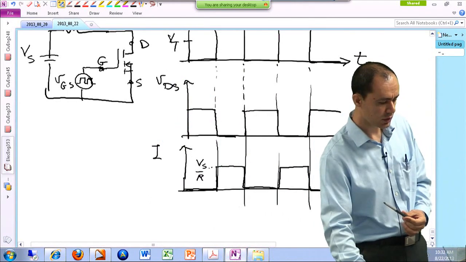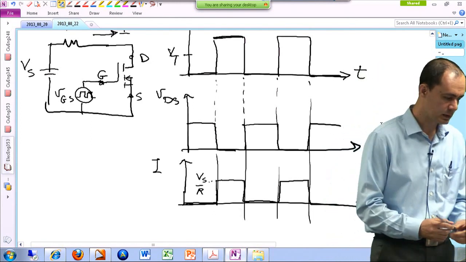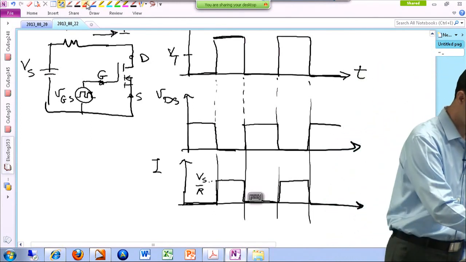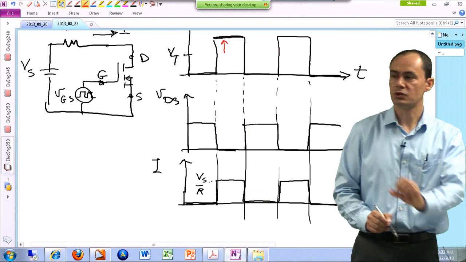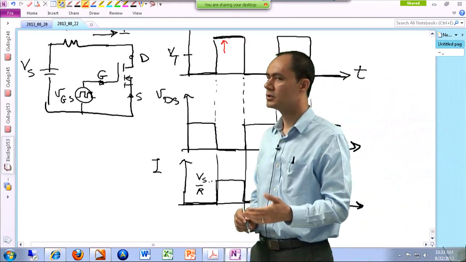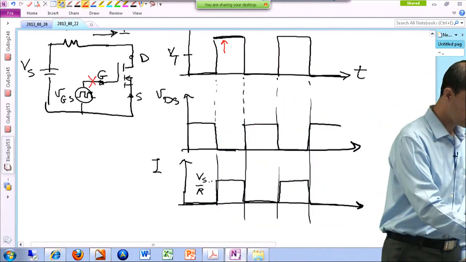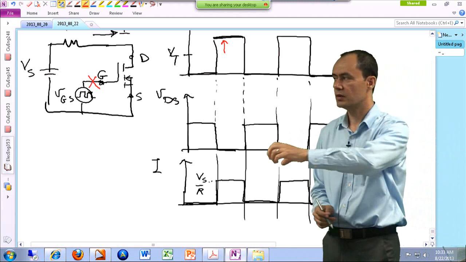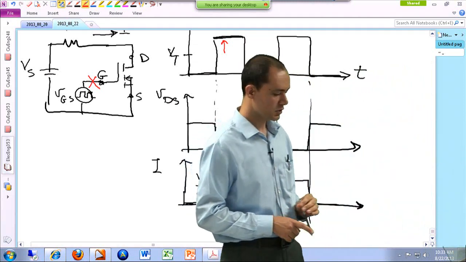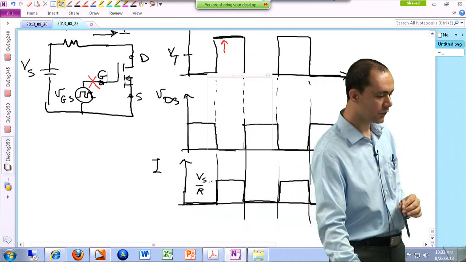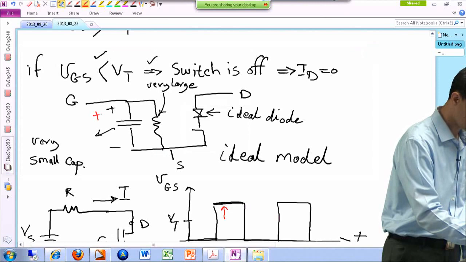One question that usually comes up is, as we are providing this gate signal, let's say we are at this time instant, and a particular gate signal is applied to the system. What happens if we disconnect this gate, the system that is connected to the gate? As it turns out, right before that, you had charged this capacitor.